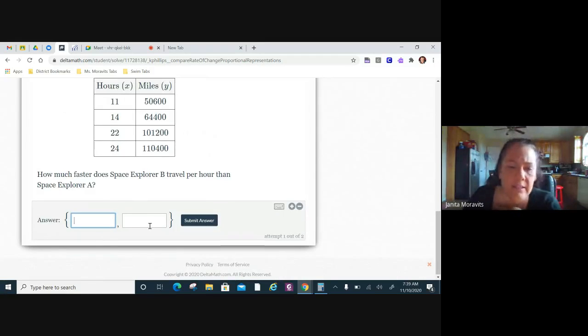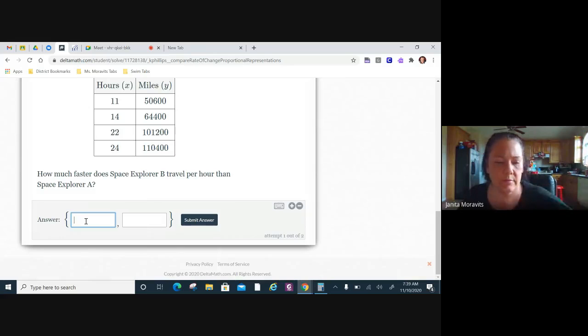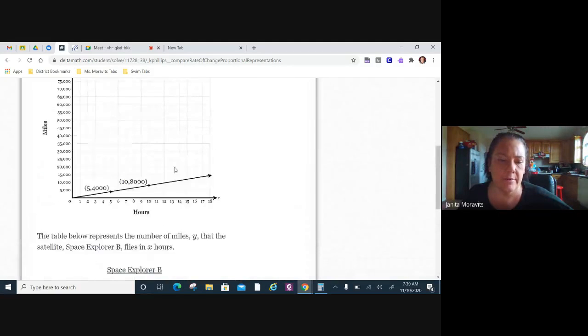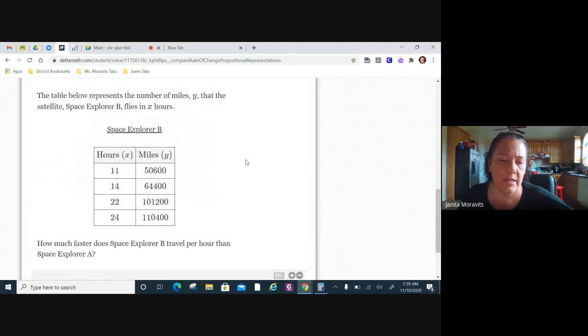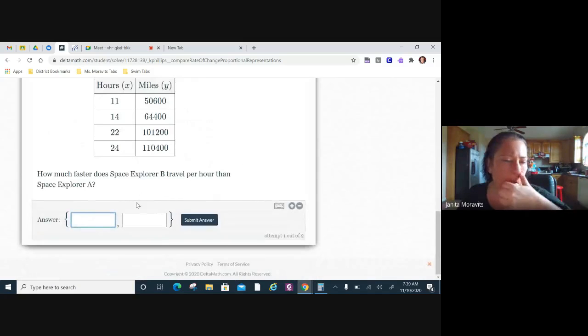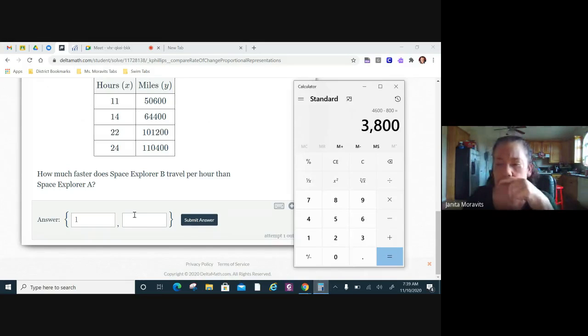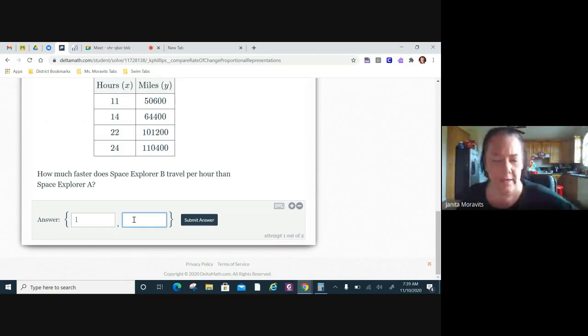If we were to put it on a chart in 1 hour, which would be our X, right? X is hours. In 1 hour, it would be how much faster? It would be 3,800. Wasn't that right? 3,800, yes. I do not understand what is going on with this.